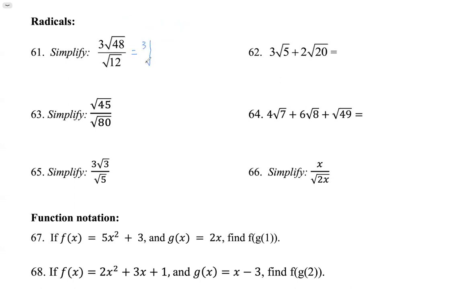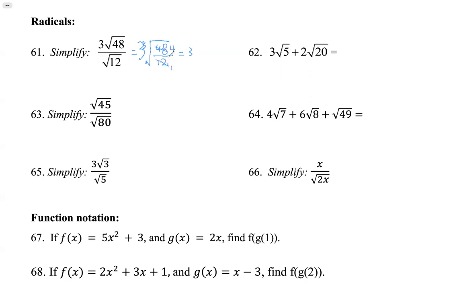But when we have the square root of 48 and the square root of 12, we can put those two numbers together. We have a 3, so this 3 should be a big 3, multiplied by the radical of 48 divided by 12. So we can put 48 and 12 under the same radical sign. In this case, we can simplify because they have a common factor. 12 goes into 48 how many times? 4 times, right?